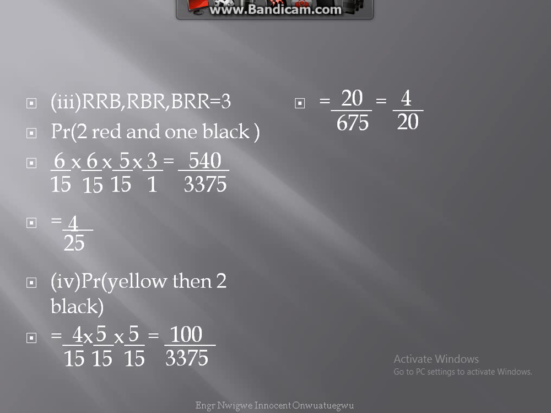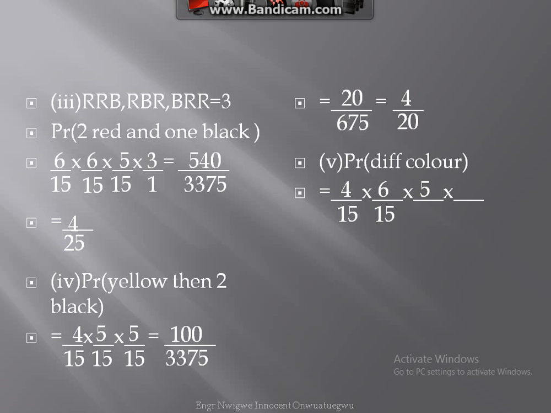The probability of obtaining different colors will now be, for red we have 6 over 15, for black we have 5 over 15, for yellow we have 4 over 15, times 6 all over 1, which we now get 270 over 3,375, which will give us 144 over 655.